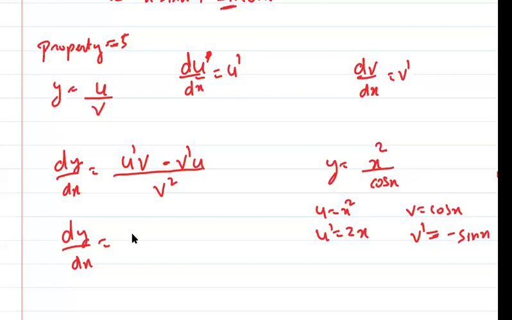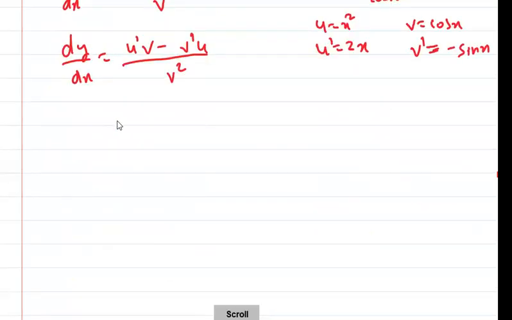Okay. So I can say u dash v minus v dash u by v square. ये होता है ना फॉर्मूला, तो एक करके मैं पुट करूंगा। So u dash is 2x into minus sin x minus v dash, which is this, minus u, which is x square, into, tell me.